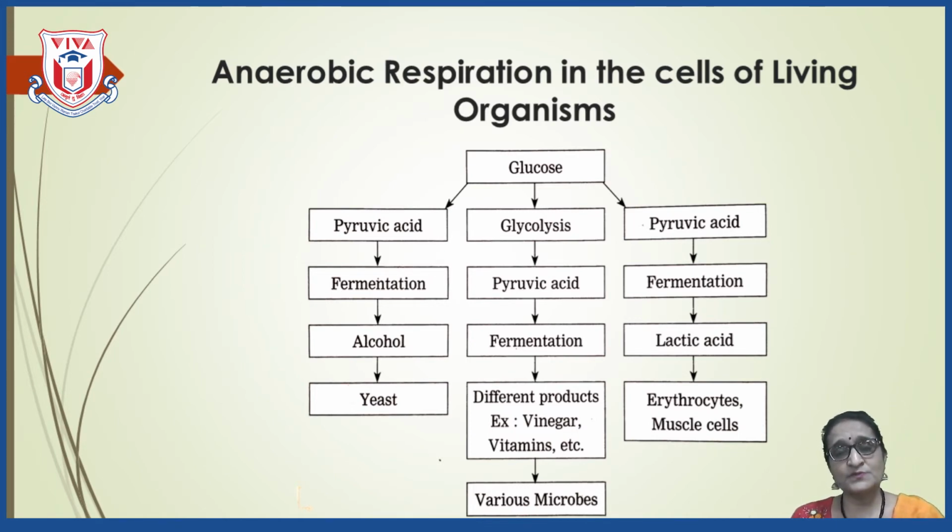This anaerobic respiration in yeast is beneficial because it gives us a lot of bakery products and many more fermented products, right? So that is how we utilize this anaerobic respiration in industries. It gives the production of alcohol, different vitamins, vinegar, wine. For that, this fermentation process is used, which takes place in the microbes.